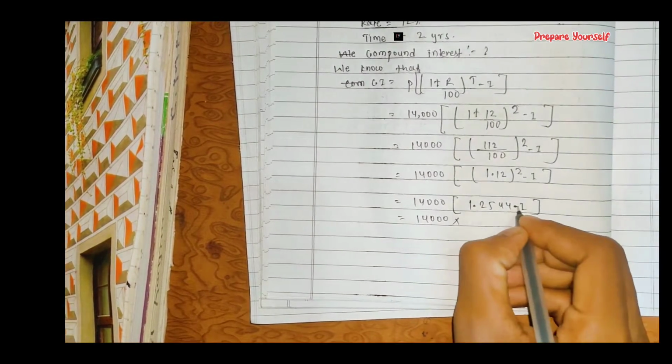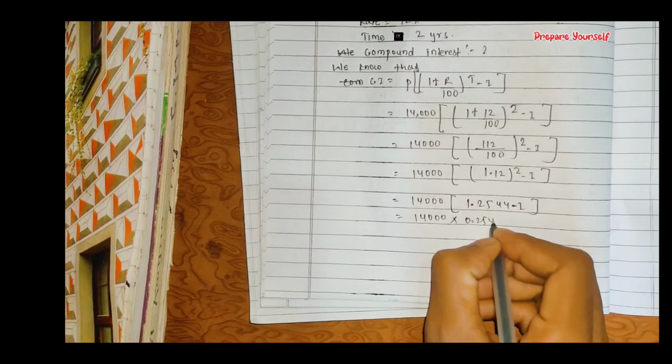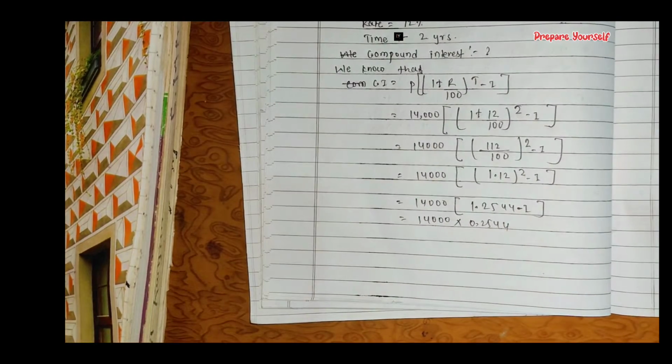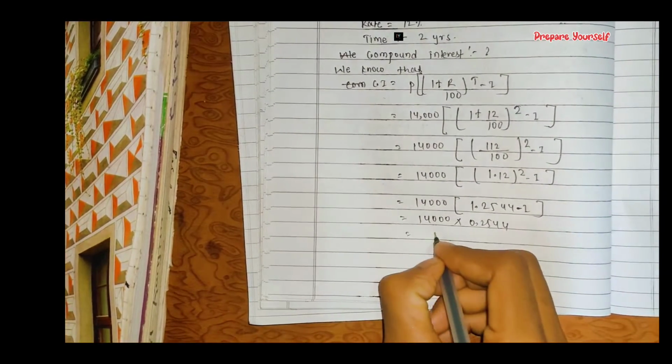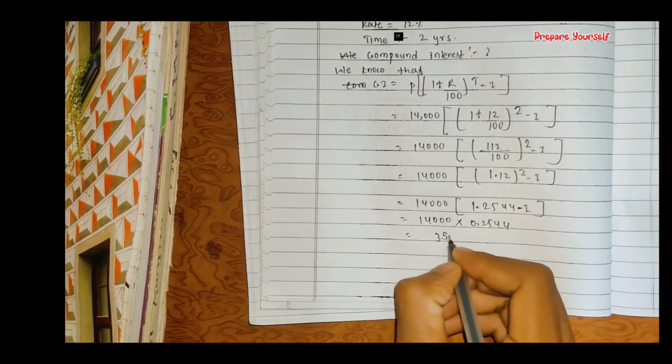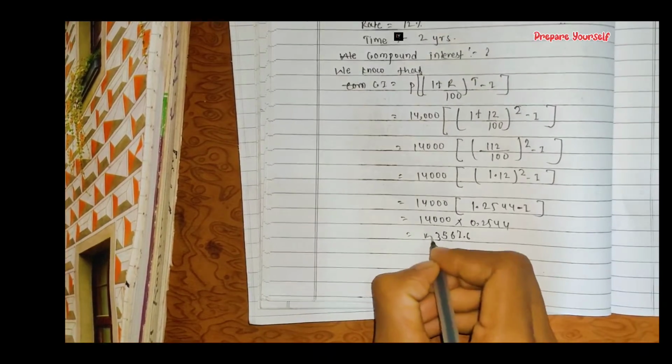So 14,000 into, when we subtract 1.2544 minus 1, we get 0.2544, and we multiply with 14,000. When we multiply, we get 3,561.6.